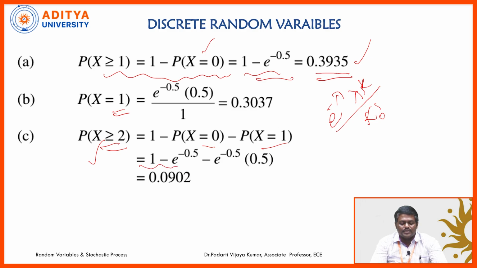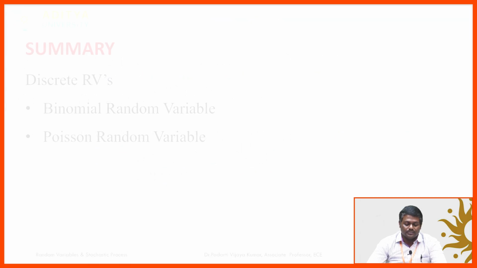So, calculating this and simplifying, we will get 0.0902. So, very less chance, 9% chance, the probability of getting more than 2 prizes. Getting one prize is 30% chance. Getting more than one prize is 39.35% chance.